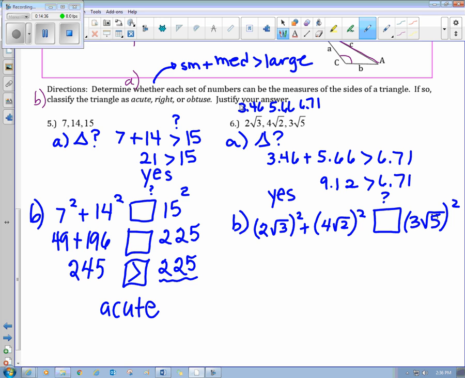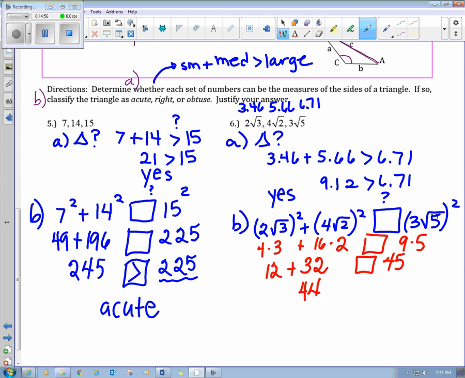When I go through, 2 squared is 4, radical 3 squared is 3. 4 squared is 16, radical 2 squared is 2. 3 squared is 9, radical 5 squared is 5. So this gives me 12 plus 32. And I'm comparing that to 45. So I have 44 that I'm comparing to 45.